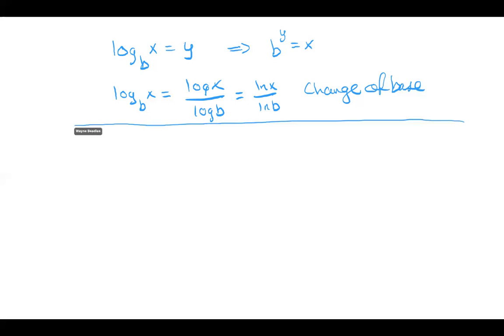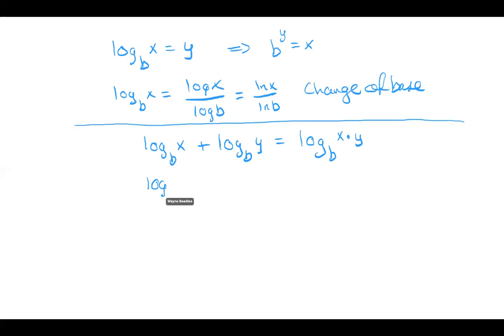But what we'll go into is this idea: if you have log base b of x plus log base b of y, you can write the log as one logarithm by multiplying both, x times y. And you can go either way. So if it's multiplication, you can write it as addition. If it's addition, you can write it as multiplication.